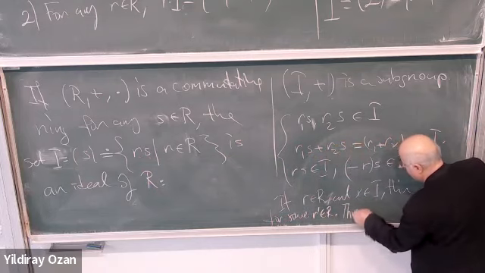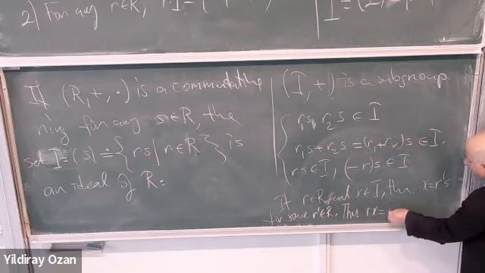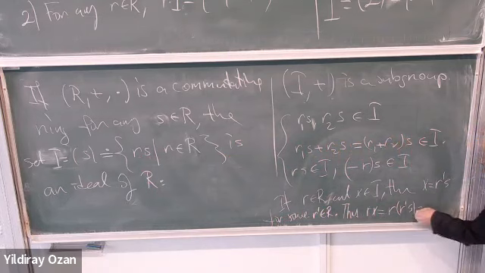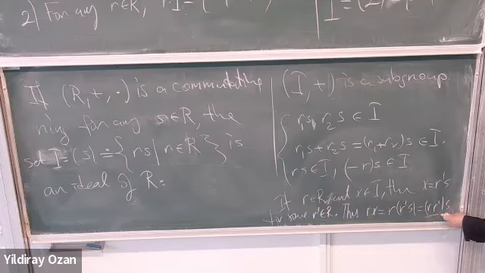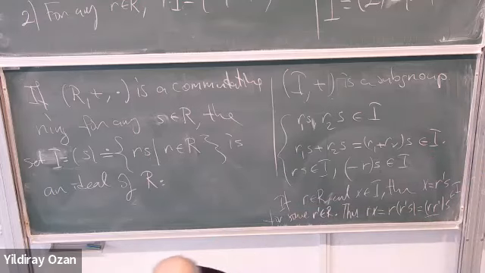Thus r times x is just r times r' times s. So what we get is some other element of the ring times s, but that is clearly in I. Therefore, I is an ideal. Okay.